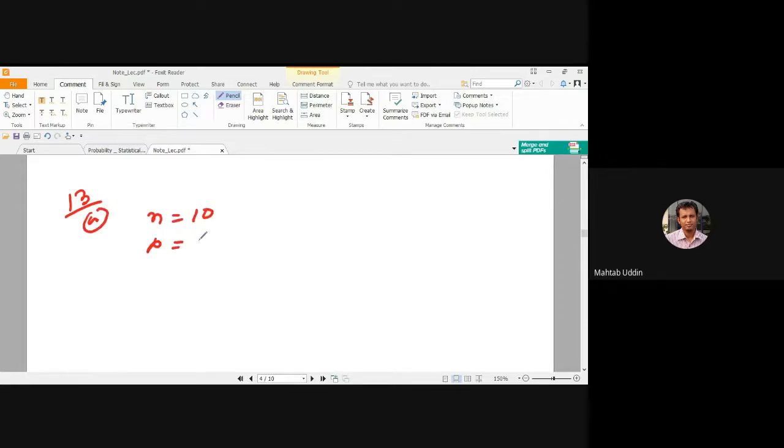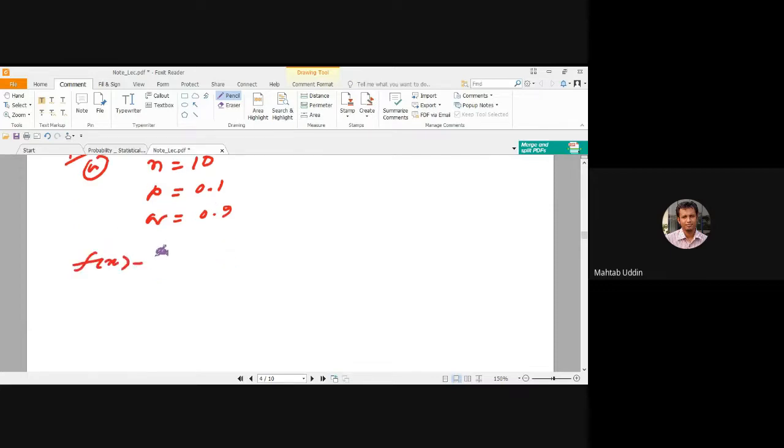P is 1 by 10, so 0.1. Q is 0.9. So f(x) is 10 C x, 0.1 to the power x, 0.9 to the power 10 minus x.